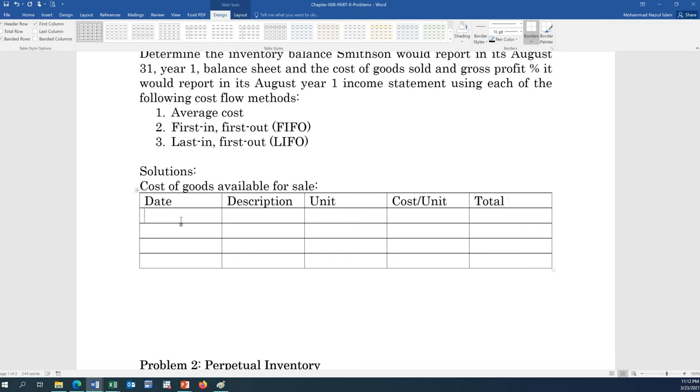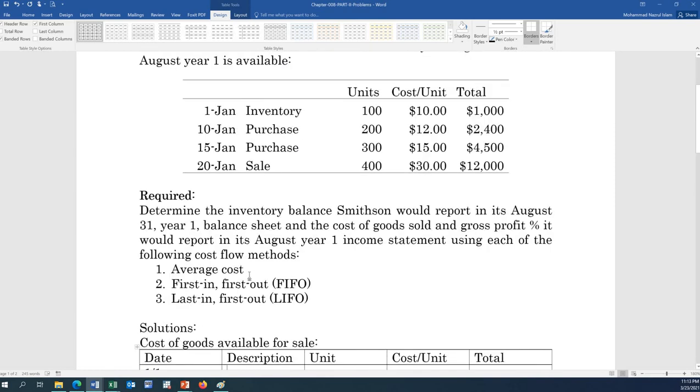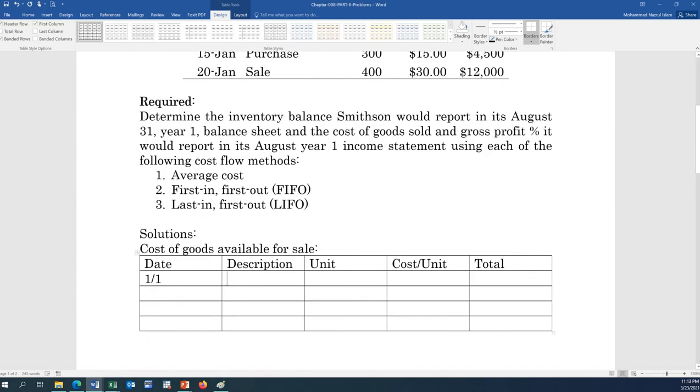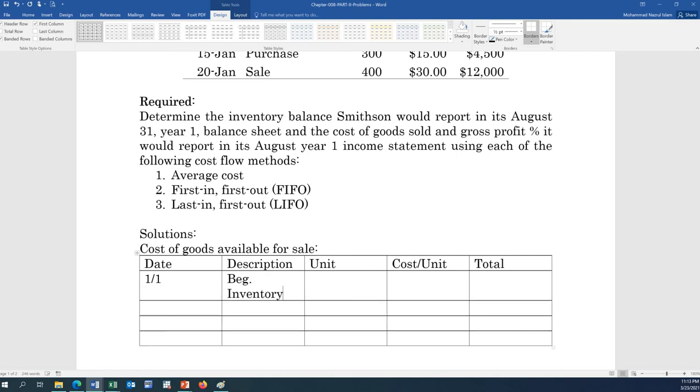January 1st, year 1, we have beginning inventory.